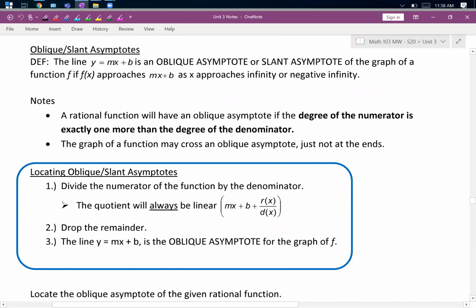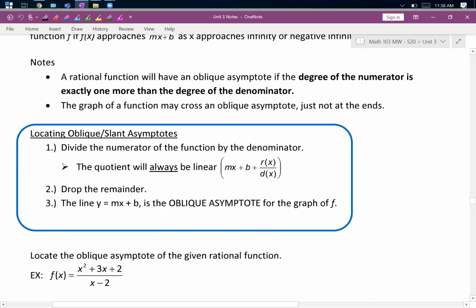Since the dividend and the divisor only differ by 1, the degree of the numerator is only 1 more. When you divide, you're always going to end up with something that's linear, since we subtract our exponents to get the degree of the quotient. Our quotient is always going to be linear, so it's going to be some mx plus b and then a remainder.